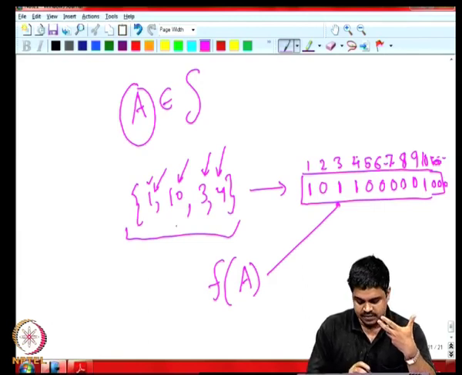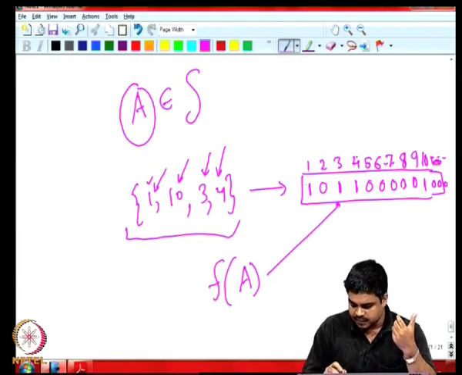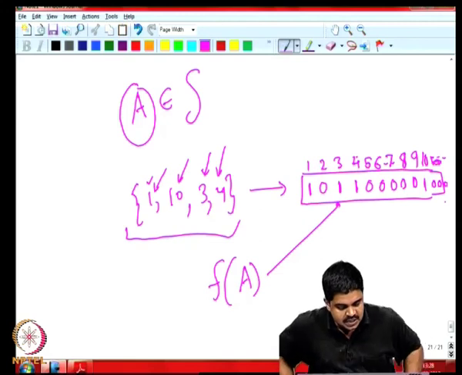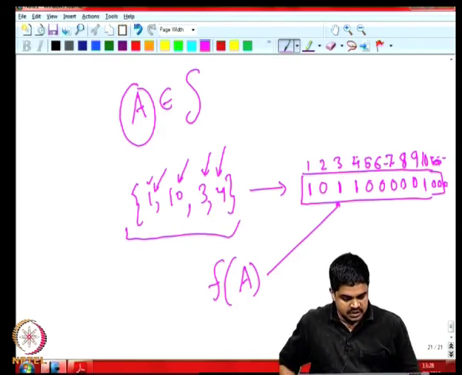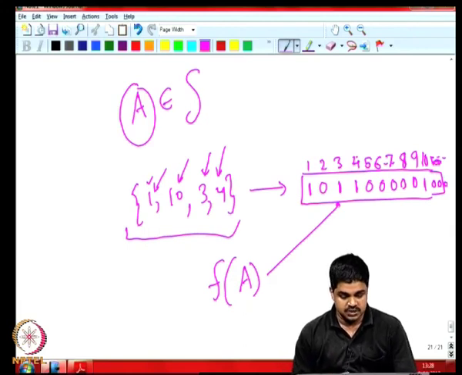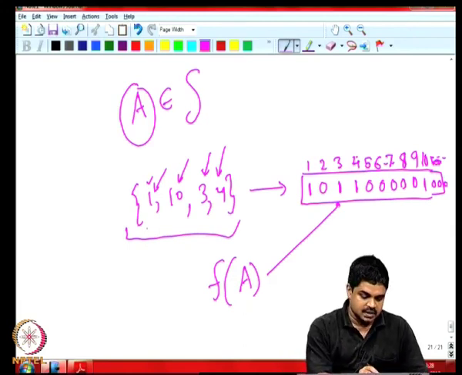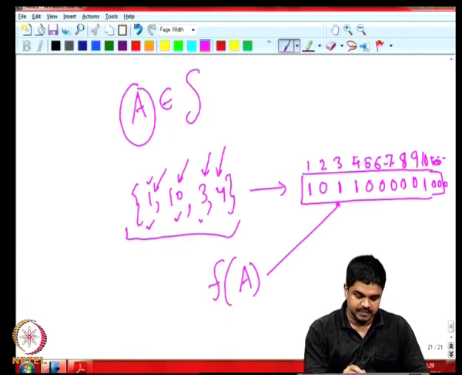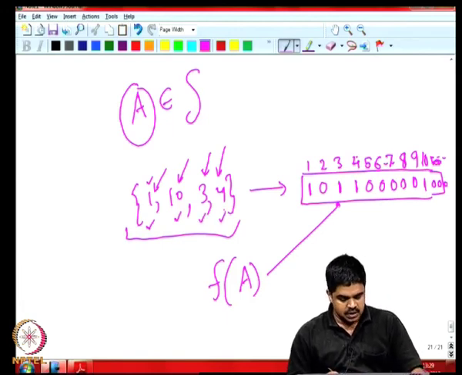Given a subset, we can define only one such string, because the positions where 1 is to be put are defined by the members of this set. Everything gets a string, so this is indeed a function.